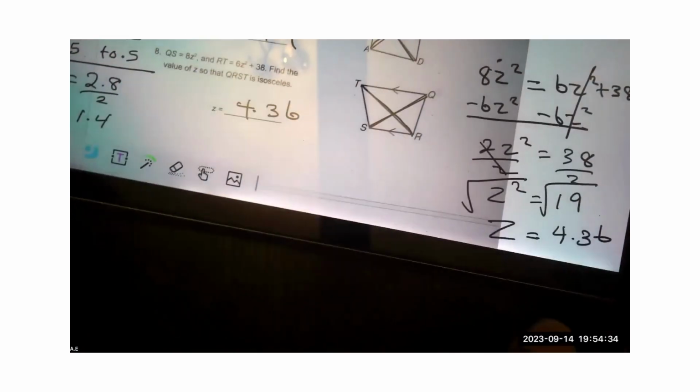And then lastly, so 4 on this end, 4 on this end. So MN is really the midsegment.